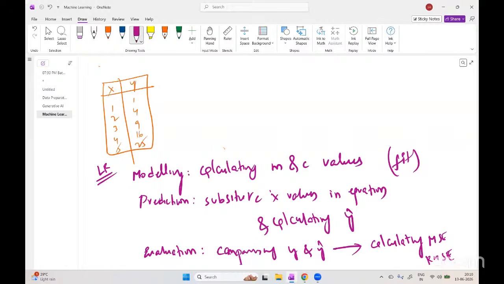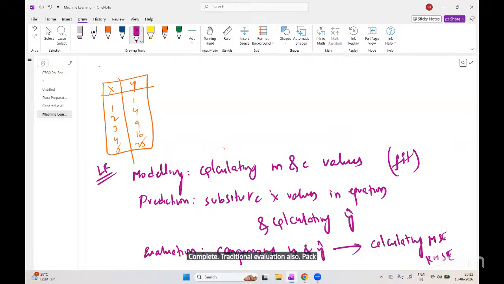So I want three of them: modeling, prediction, evaluation. Complete prediction also, evaluation also.